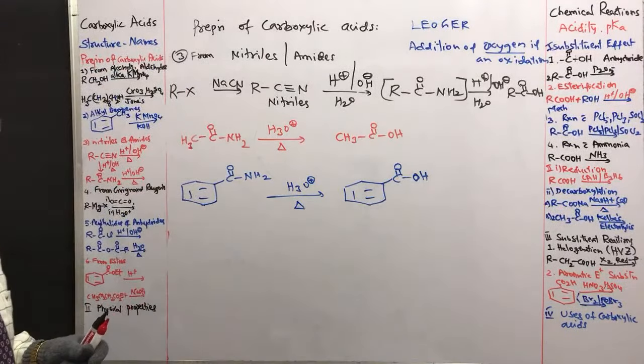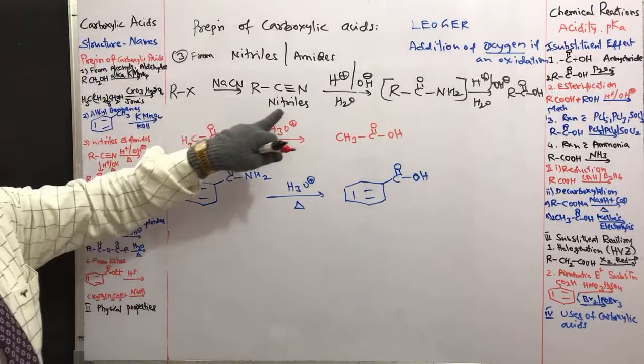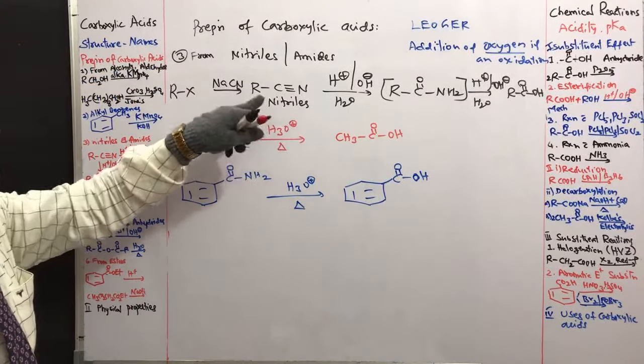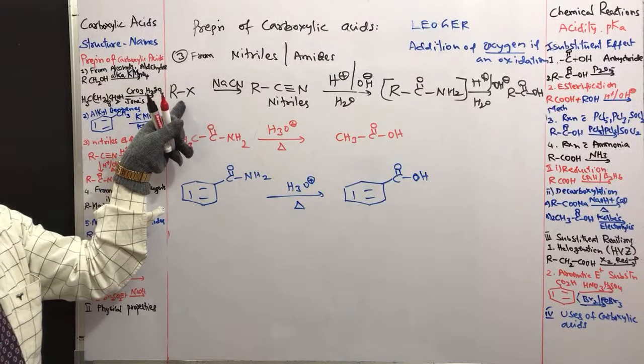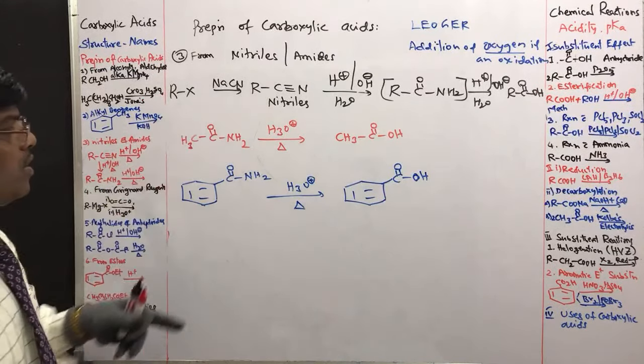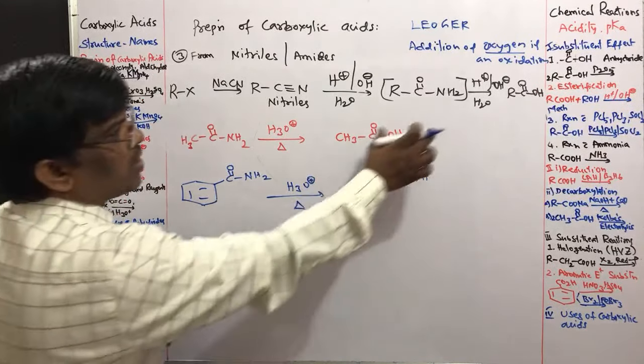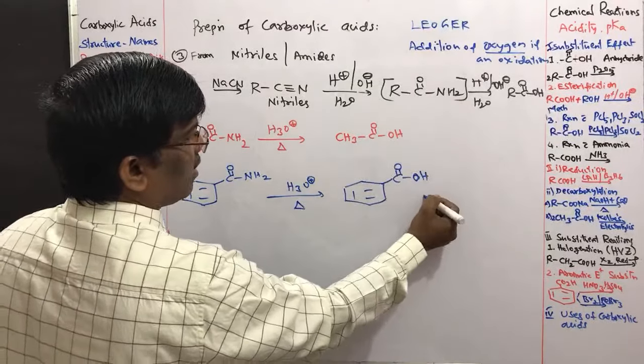Yes, so benzoic acid. These nitriles are very important, students, where we get them from alkyl halides or aryl halides. Once you get these amides, you can get carboxylic acids.